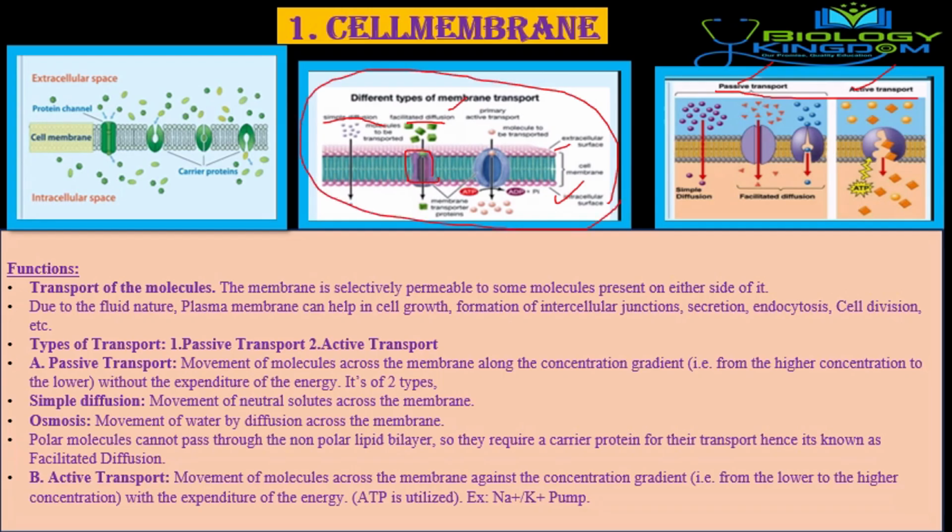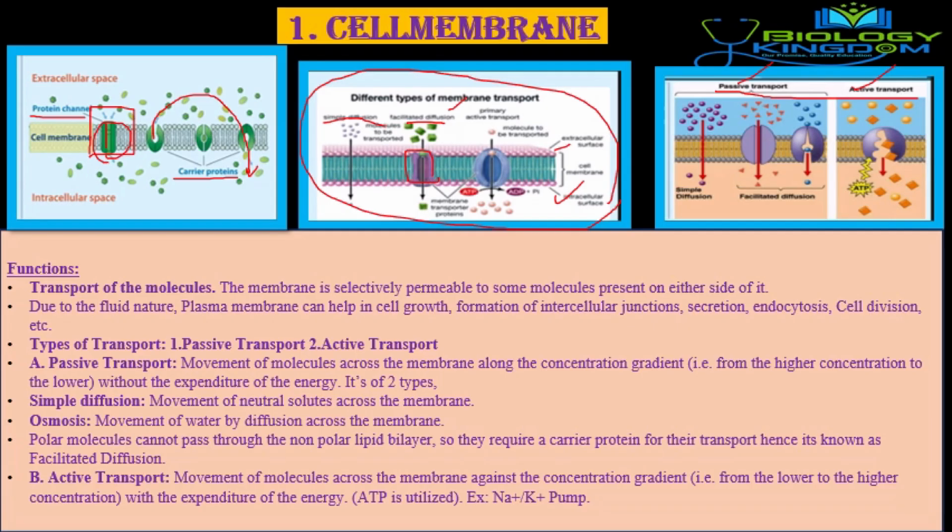If we observe, it is through these protein channels. The green colored ones are the protein channels and these are the carrier proteins. If the membrane is not permeable, the molecules cannot enter. See, it is completely closed. If it is semi-permeable, they can enter and only a few of them enter into the intracellular space. These proteins are known as carrier proteins.